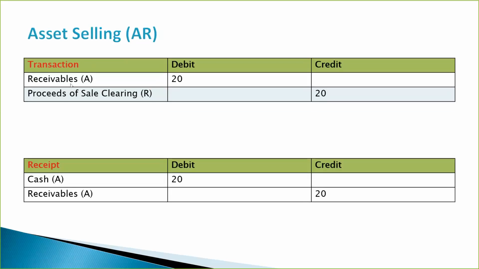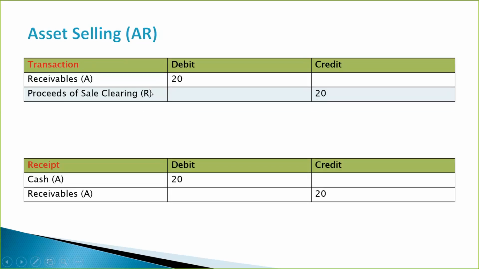This is the accounting that would be created. So you're expecting this person to pay you, all right? So you have receivables. That's an asset account. So you're increasing that. Let's say you're selling it for $20, and then you will credit this proceeds of sale clearing.